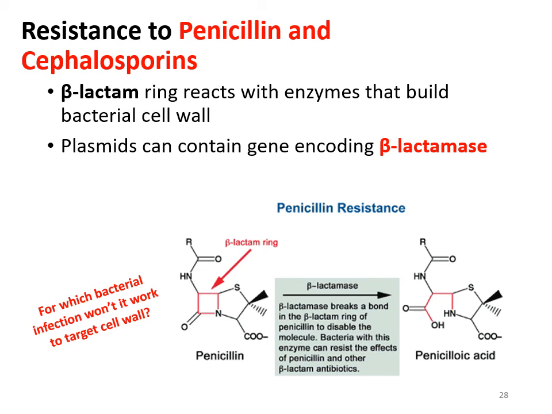No, that's a viral infection, okay? So I'm asking for which bacterial infection won't penicillin and cephalosporins work? And the answer is mycoplasma, walking pneumonia. Okay, and we already explained that bullet point of how exactly beta-lactamase is working. Keep in mind, it's inactivating, it is cutting that antibiotic.